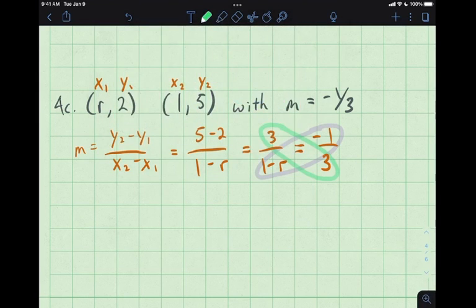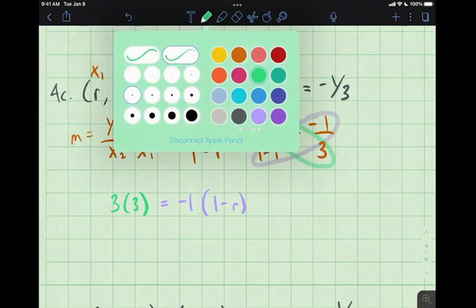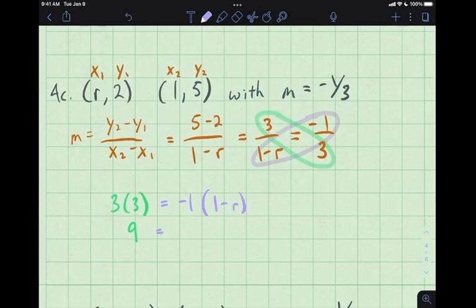So then in light blue we have 3 times 3. I guess green. Now I have this purple color. That's where we have negative 1 times 1 minus r. So on this side we have 9. All that equals negative 1.